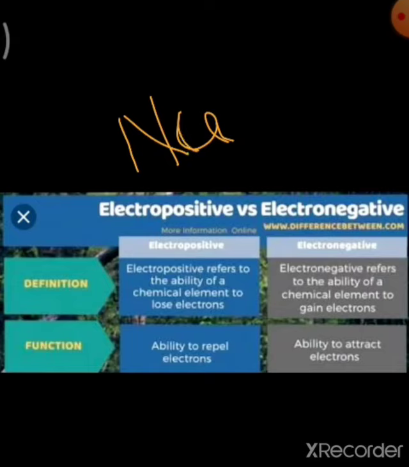Sodium, what is the electronic configuration? That is 2 8 1. So instead of gaining 7 electrons, it can lose 1 electron easily. That's why sodium is one example of an electropositive element, or you can say sodium has the electropositive valency.